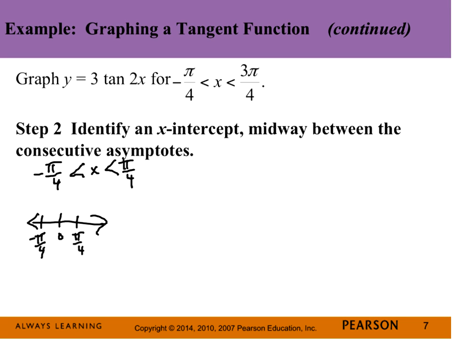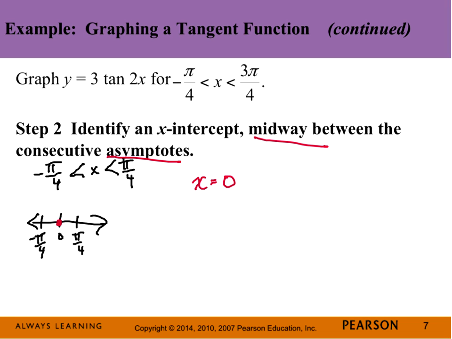So sitting halfway between pi over 4 and negative pi over 4 is 0. And remember, we were told that they're the midway between the consecutive asymptotes. So I get that I have an x-intercept at x equals 0.